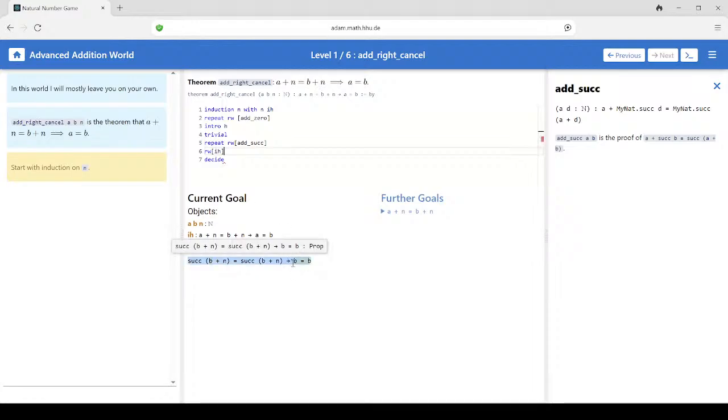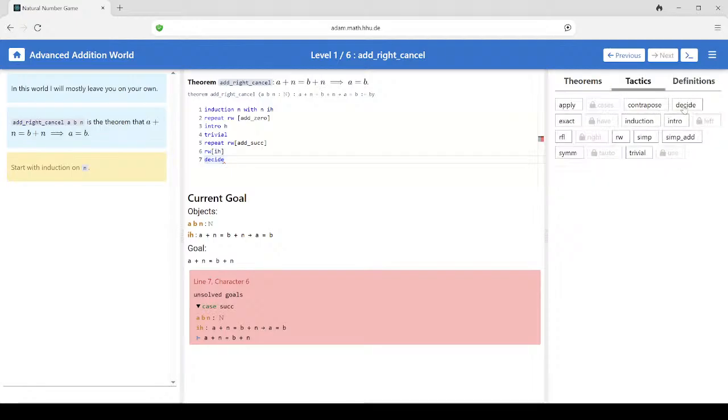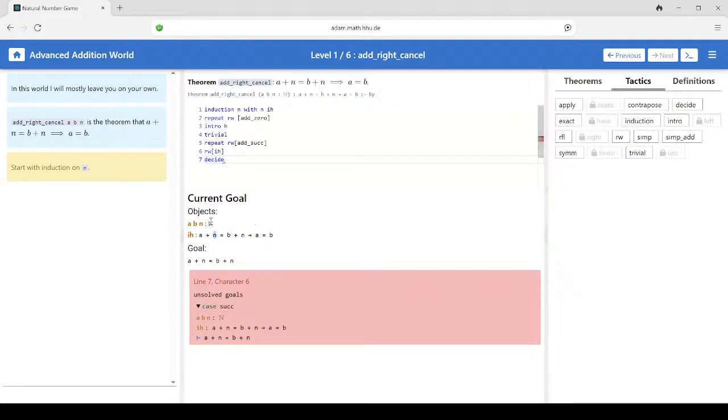It gets rid of this, but there's no new hypothesis. I wish there was a way to see what decide did. Though I guess that'd be kind of cheating, but I don't know. What could it be doing to get this to this? Not that I can even do anything once we're here.